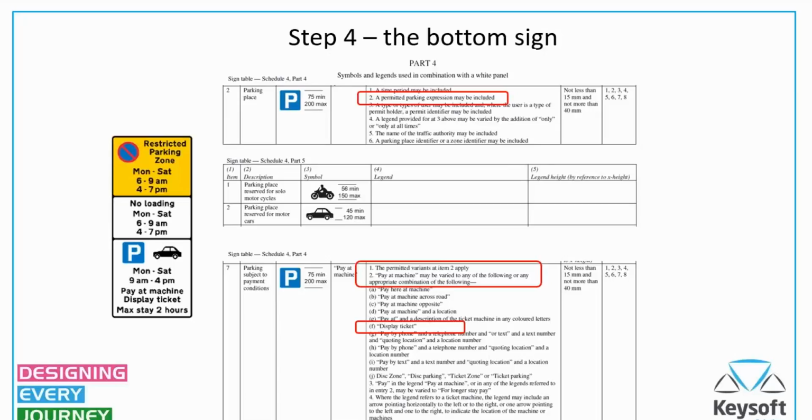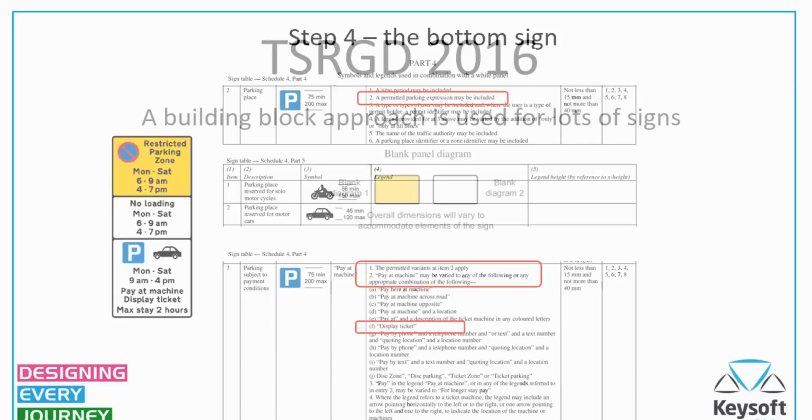So which size symbol goes with which size no waiting and which size text, that is all part of Chapter 7, part of the other chapters of the traffic signs manual. As I mentioned last week, the biggest consequential changes of TSRGD on the traffic signs manual will be on Chapter 3 with the parking and regulatory signs.